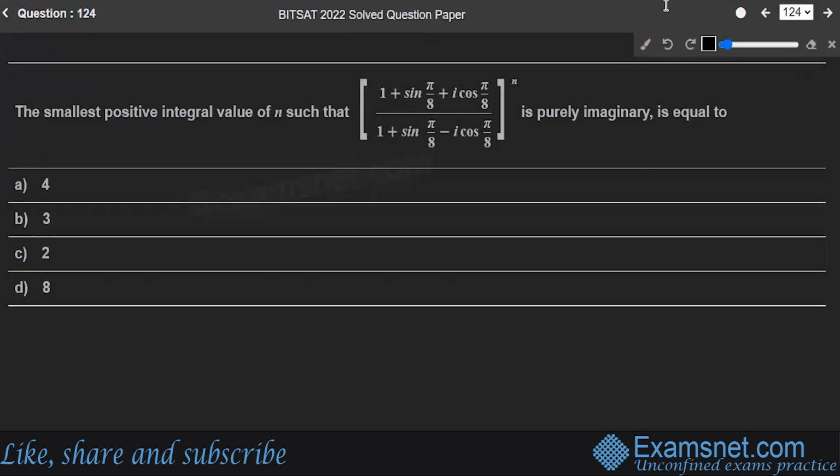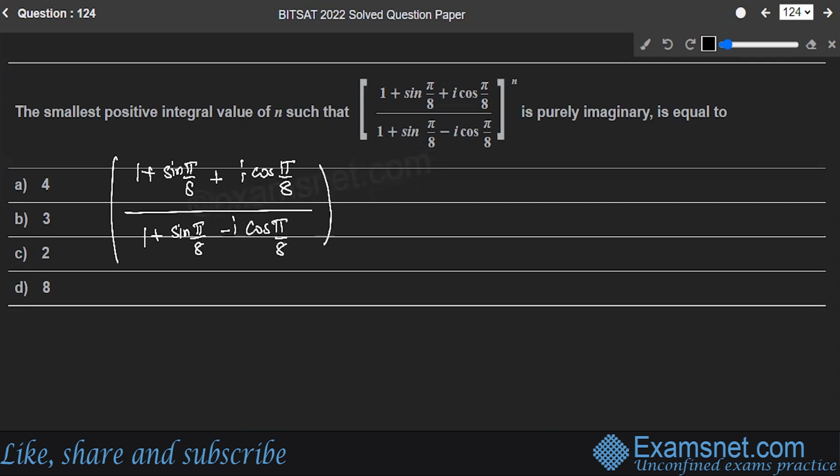Question number 124: the smallest positive integral value of n such that this is purely imaginary is. All right, let's write it down. You are having this as ((1 + sin π/8 + i cos π/8) divided by (1 + sin π/8 − i cos π/8)) power n.